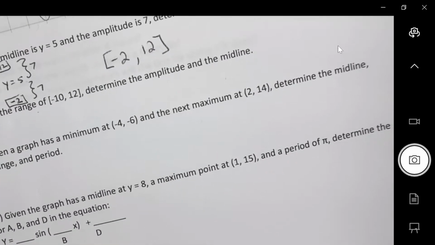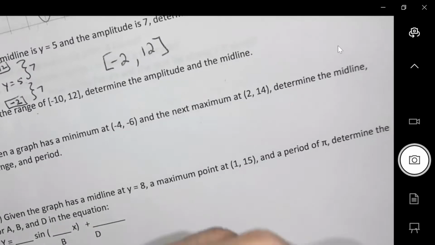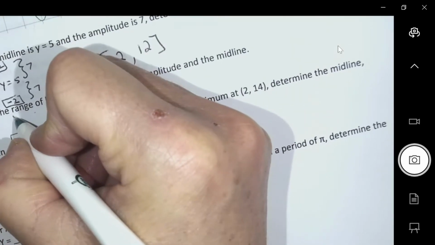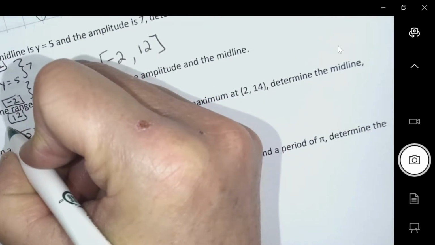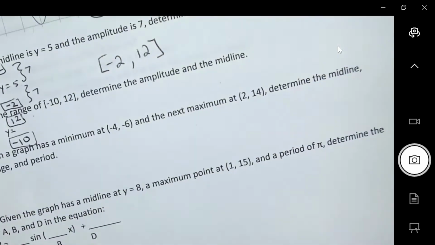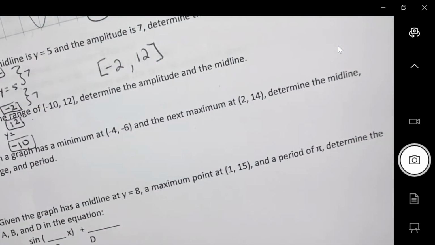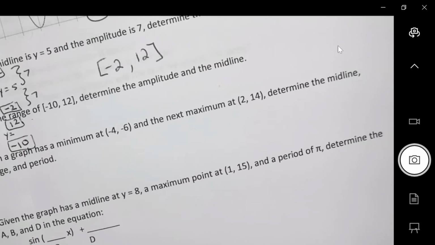Okay, this time I gave you the range and you have to figure out the other stuff. So I gave you the low and I gave you the high. What number is directly in the middle of that? How do you do that? You can add them together and then divide by 2.